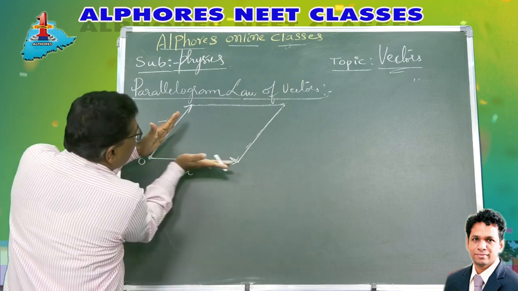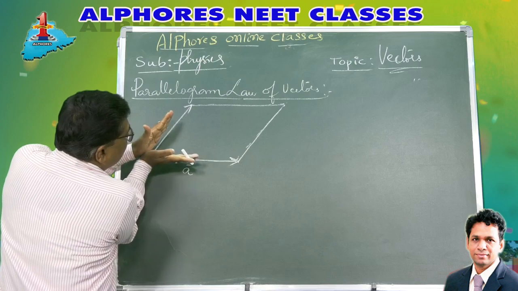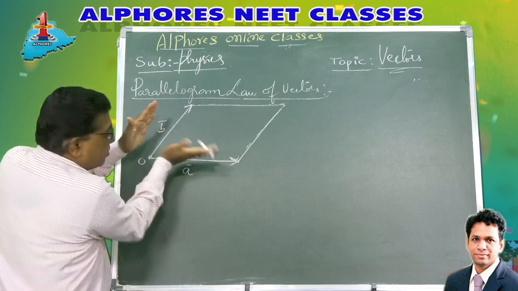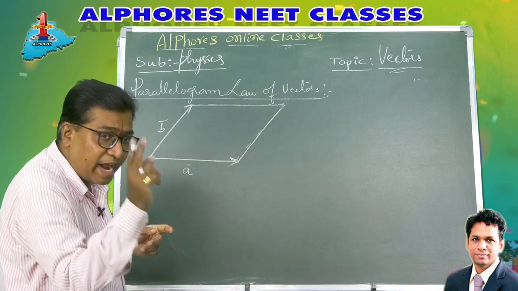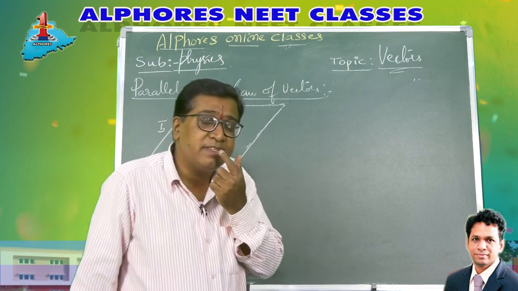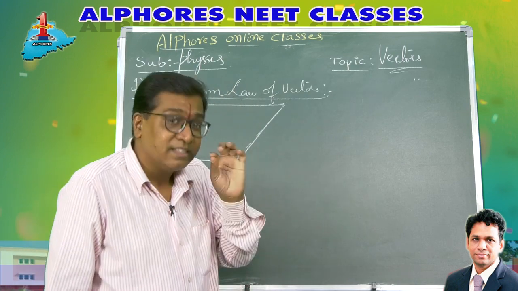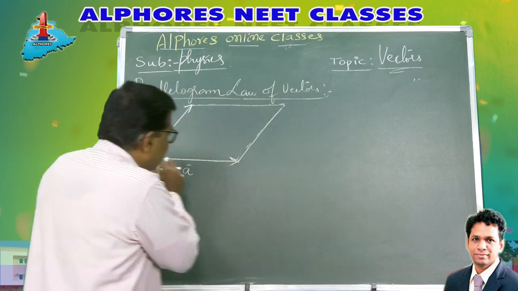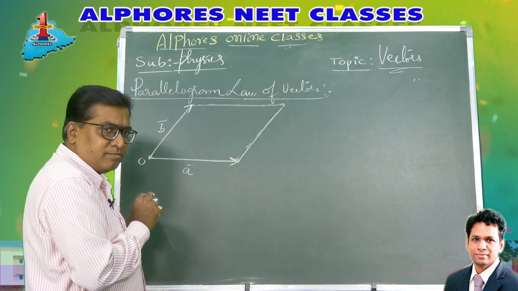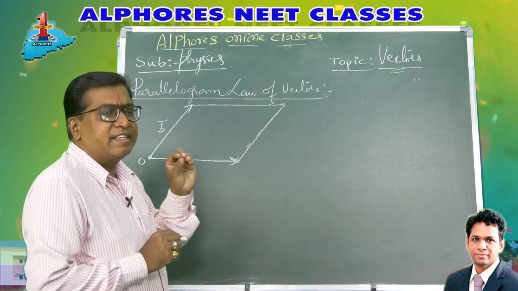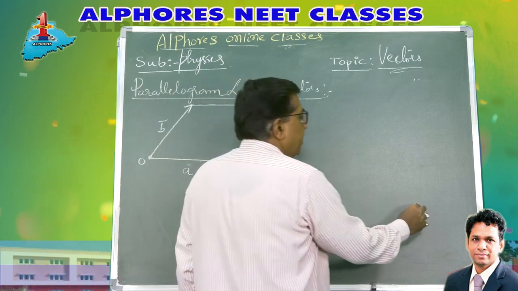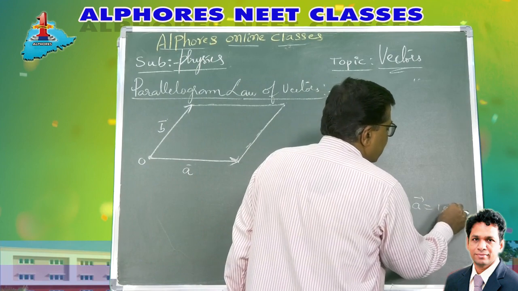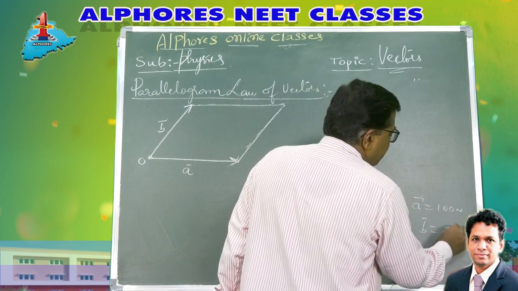I am representing them as two adjacent sides of a parallelogram like this, starting from the same point O, in magnitude and direction. What do I mean by this, in magnitude and direction? According to the magnitudes of the vectors, you have to take the length of the segment. Suppose A has a magnitude of 100 newtons and B has a magnitude of 50 newtons.